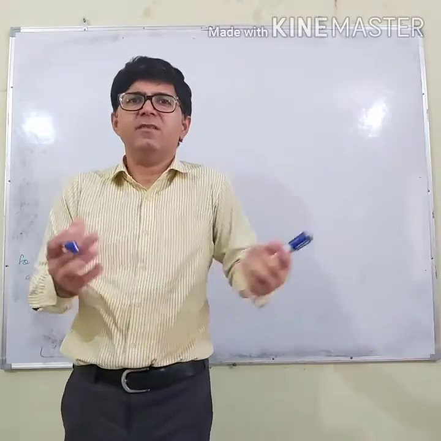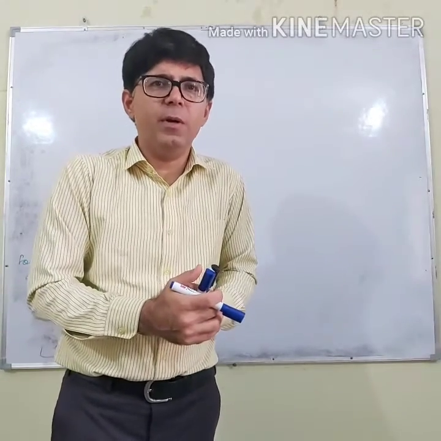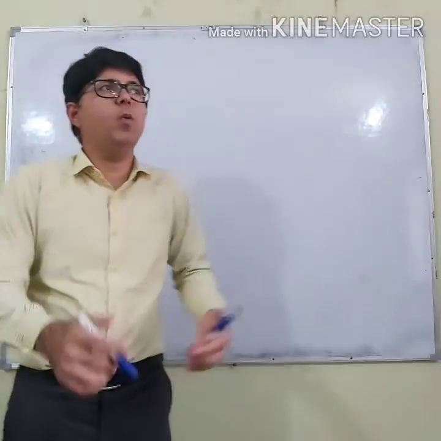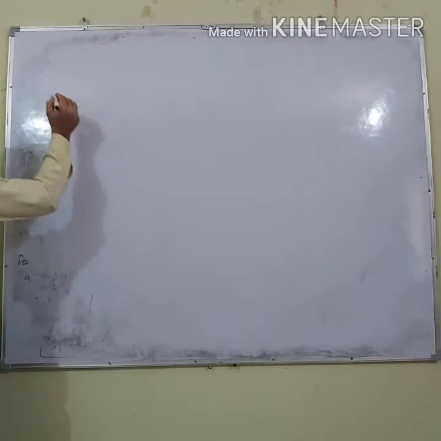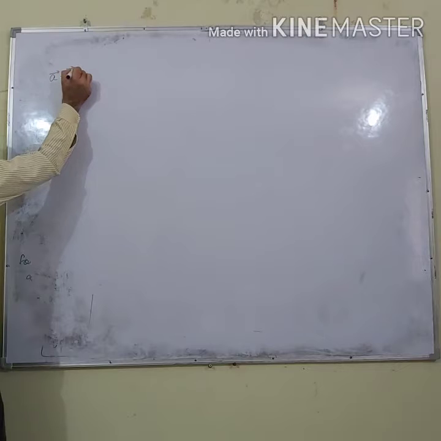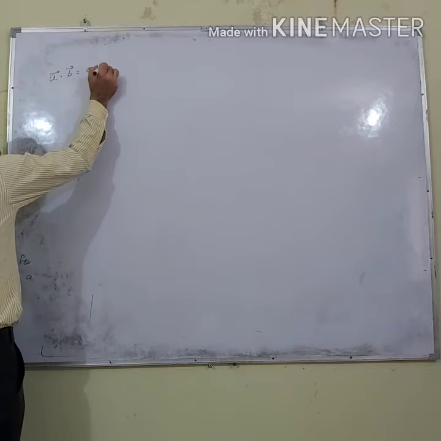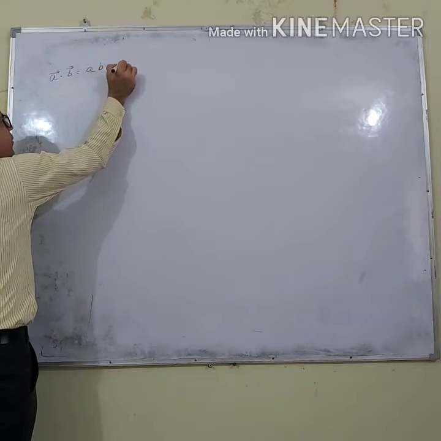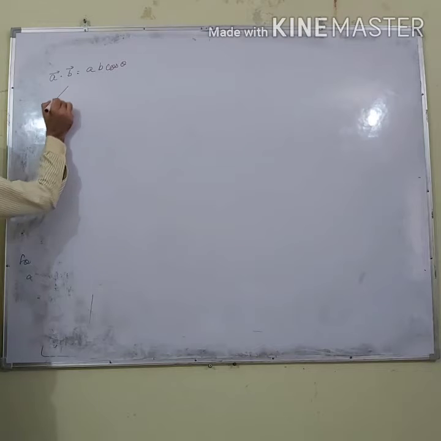Last time we discussed the scalar product, or the dot product, of two vectors. What we discussed is that if we have two vectors, A dot B, its result was AB cos theta.